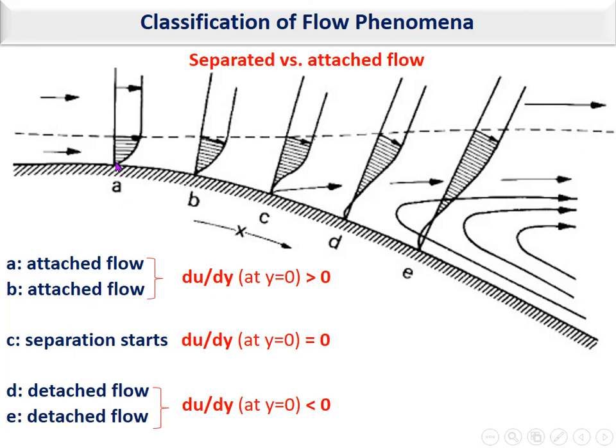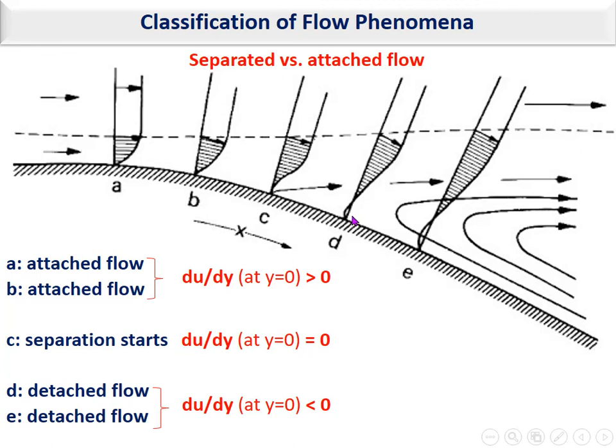It means that when y is increased, u will also increase. An important point to consider is that when you move to the right, du over dy is decreasing. If this happens, then finally at a point shown here, du over dy will be 0. This is the point where flow separation will start.